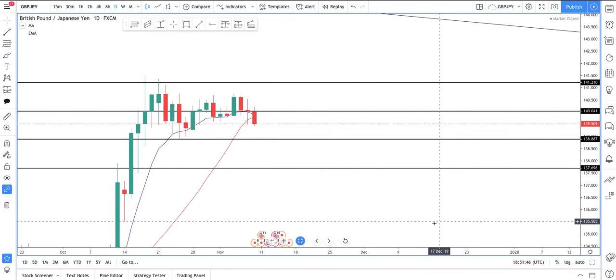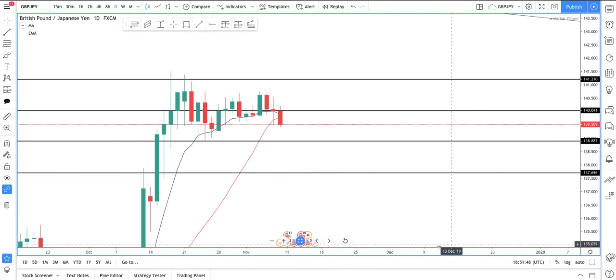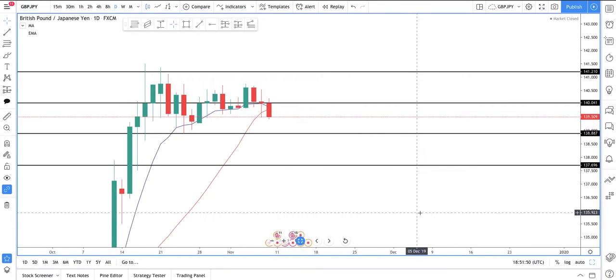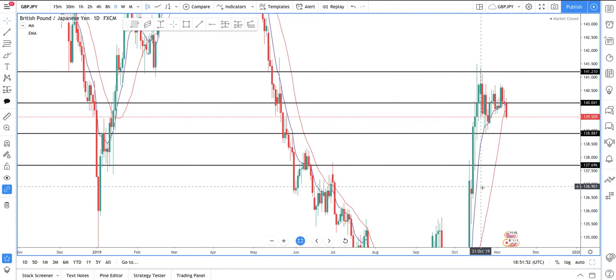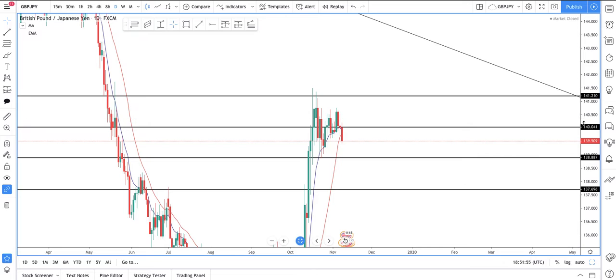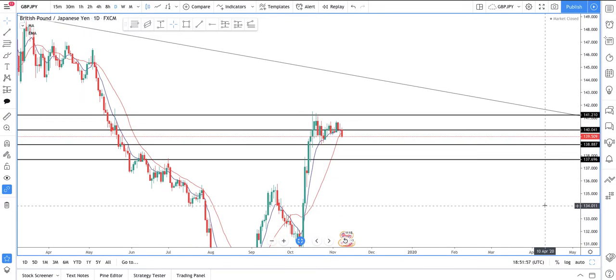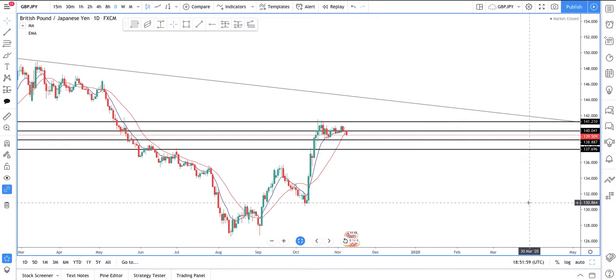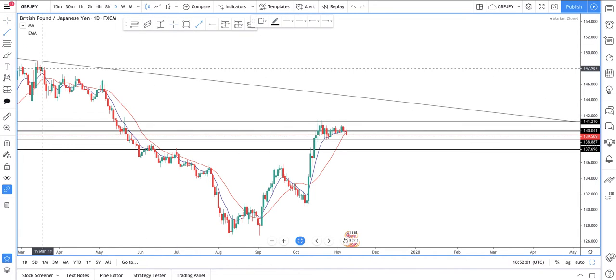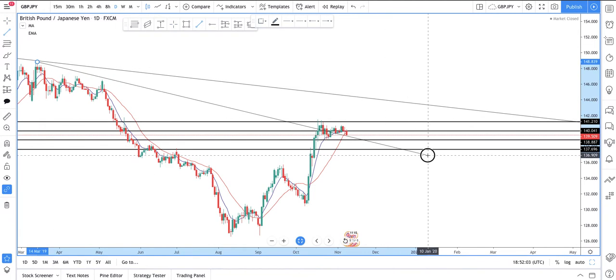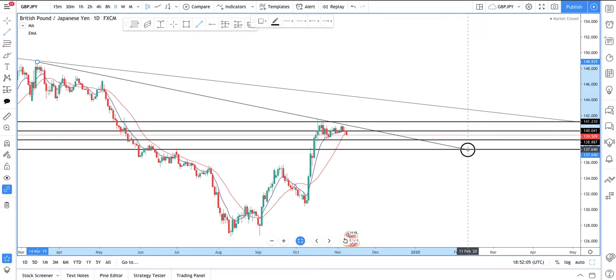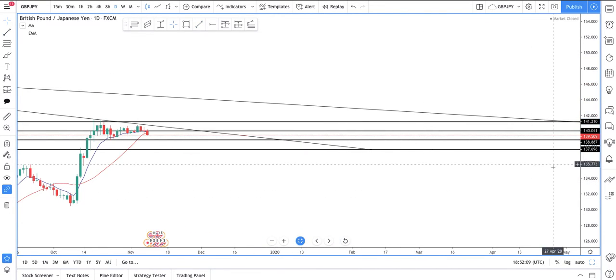This is it. Daily is where I do most of my work from, the daily time frame, and I look for entries in 4 hour, 3 hour, 2 hour, depending. Here's another trend line right here.